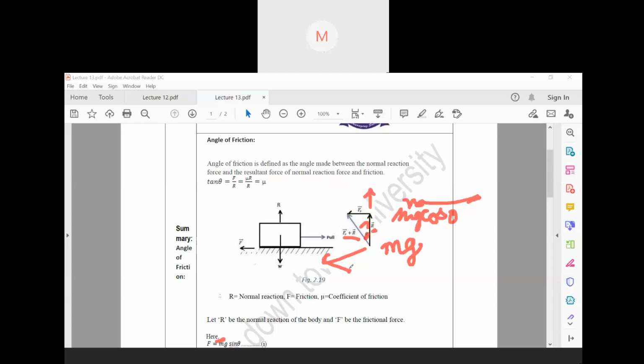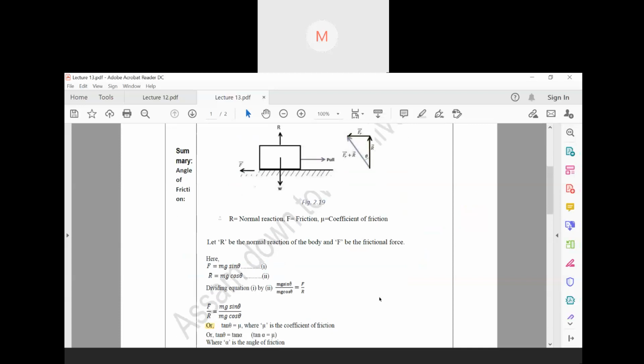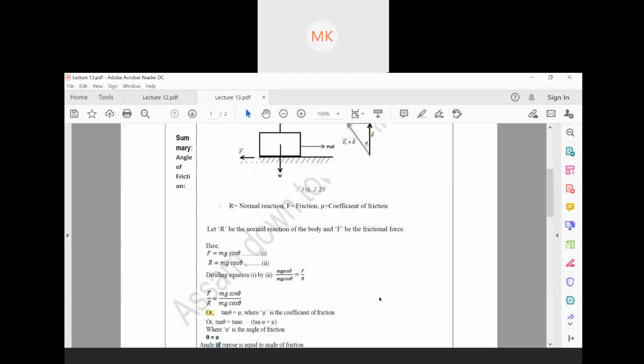So if this is sin theta, then this one is F. That is why we are writing F equal to mg sin theta and R equal to mg cos theta. Okay?